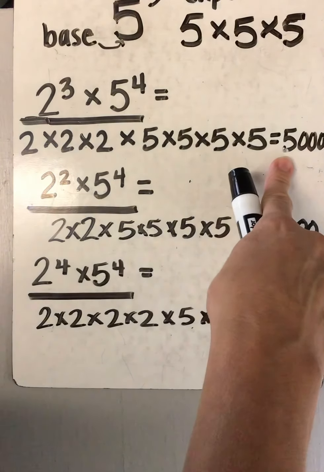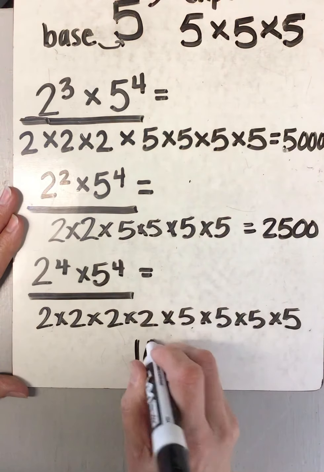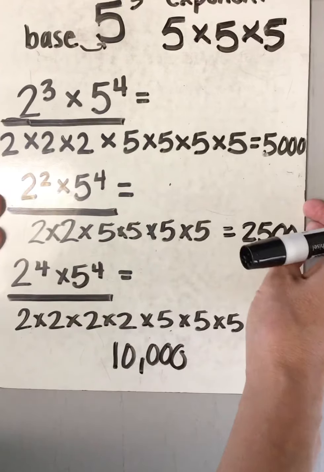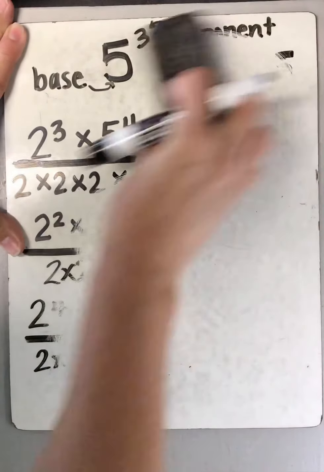It'll be this answer times one extra 2, which will be 10,000 instead of 5,000 because it's that number times 2.